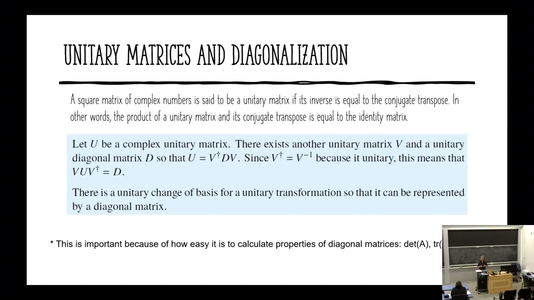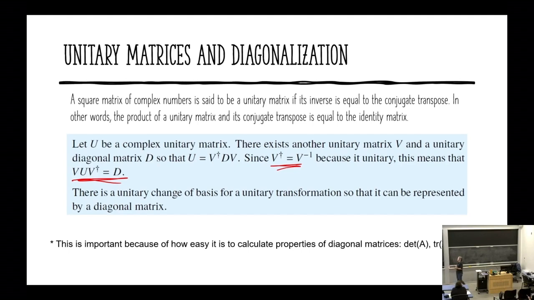So if U is a complex unitary matrix, then we can say that there exists another unitary matrix V and a unitary diagonal matrix D, so that U equals the adjoint of V times D times V. And since the adjoint is equal to the inverse, because it's unitary, this means that V times U times its adjoint is equal to the diagonal matrix.